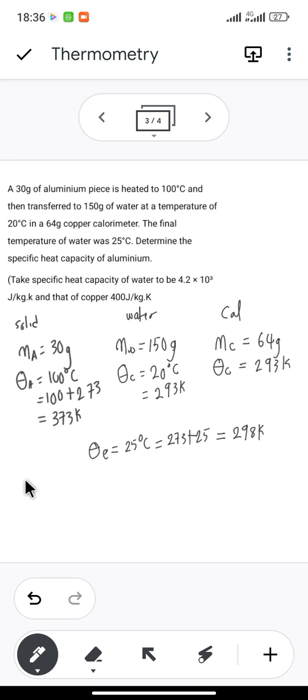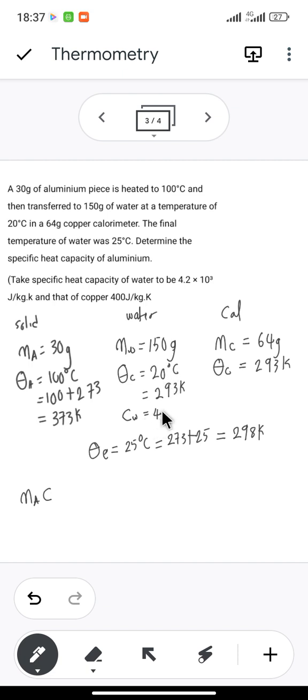So using our previously stated formula, M mass of the aluminium, specific heat capacity. Okay, the question says to take the specific heat capacity of water, CW, to be 4.2 times 10 to the power of 3.